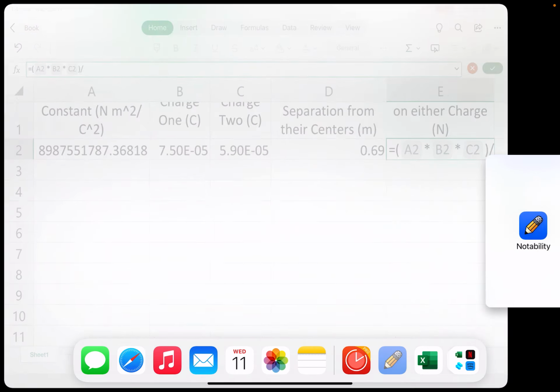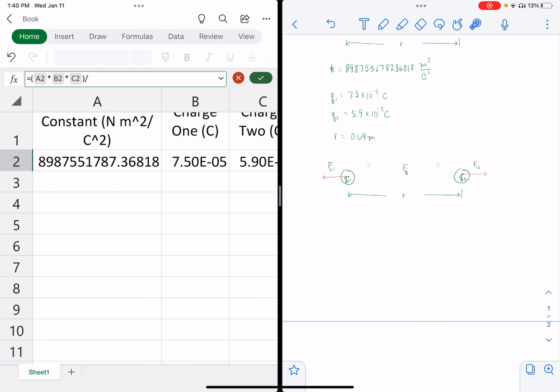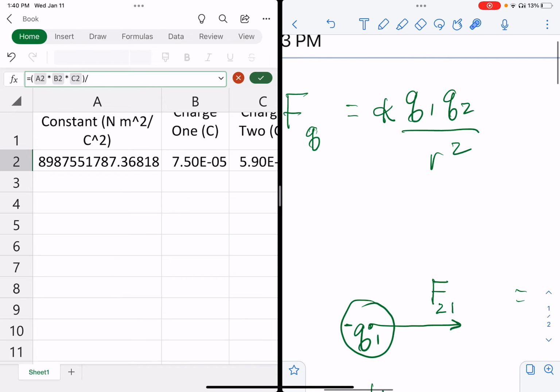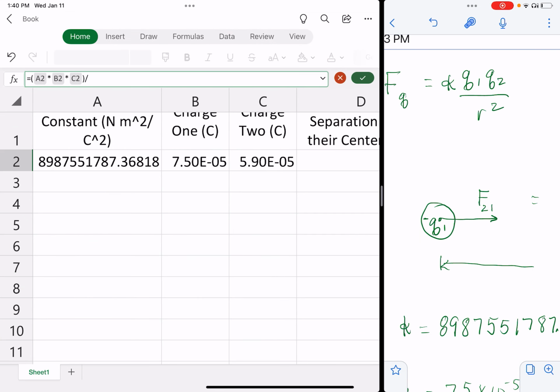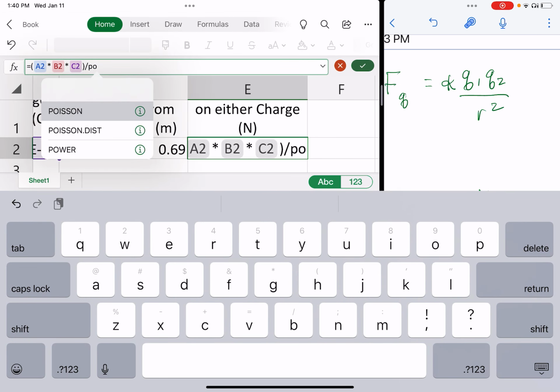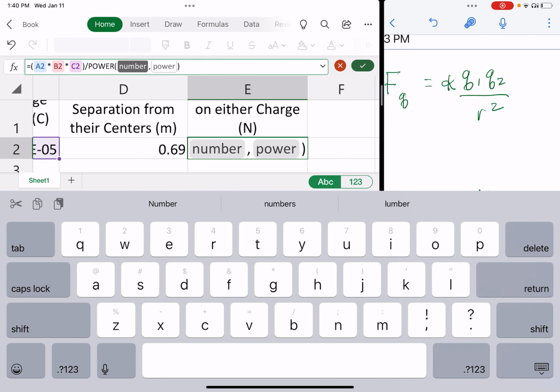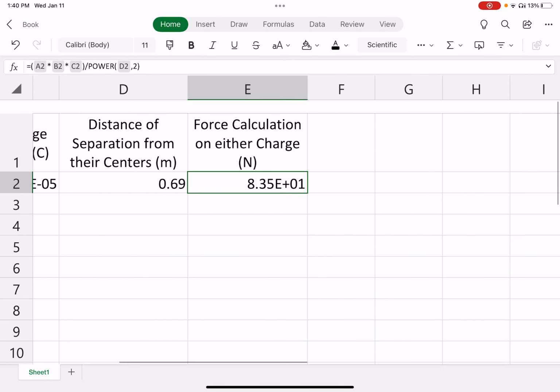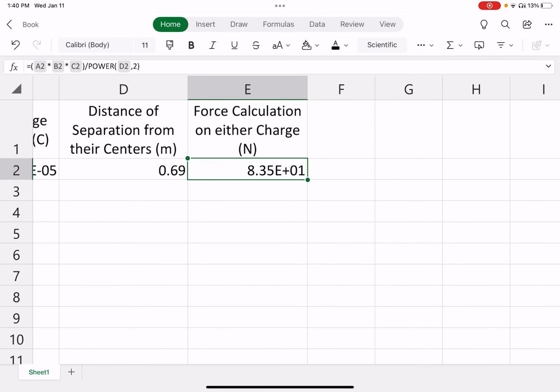If I pull this up, you'll see that my formula is saying that the distance is squared. So I am just going to say power, select my number, and then I want it to go to the second power. All right, that should be sufficient. So there is my number.